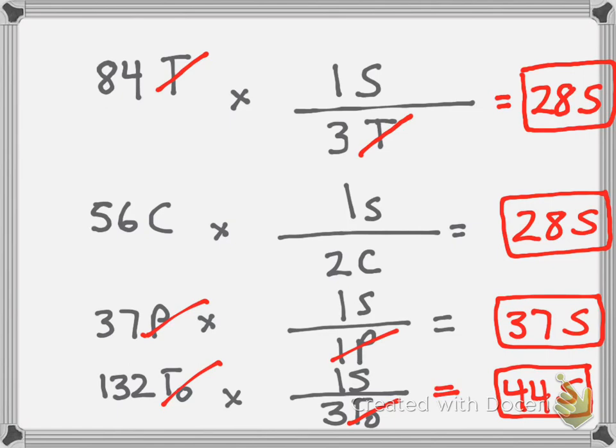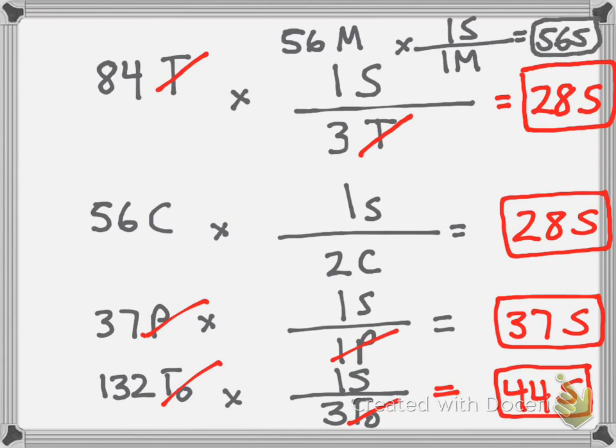Finally, let's look at the mayonnaise. I have 56 teaspoons of mayonnaise, and I have 1 teaspoon of mayonnaise for every Saudi. That means I can make 56 Saudis with respect to the mayonnaise.